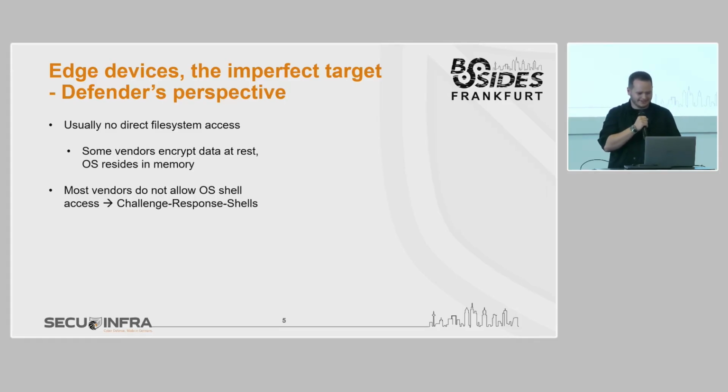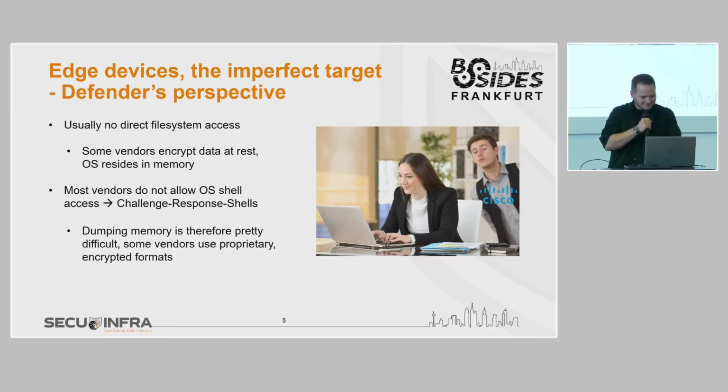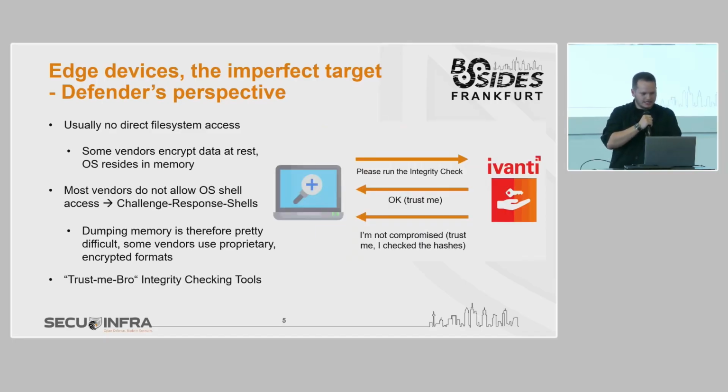So you get these weird challenge-response shells where you have to contact customer support first, and they peer over your shoulder so you don't do naughty things with the appliance, which is an issue as well. Dumping memory is also pretty difficult, and most vendors use some kind of proprietary encrypted format in case you can do dumps.